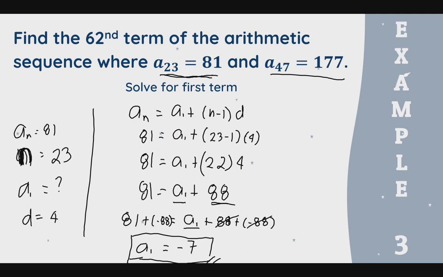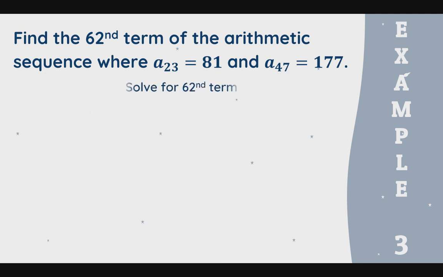Now that we have a sub 1, which is negative 7, and common difference, which is 4, let us find the 62nd term, or a sub 62. So this will be our a sub n, and of course our n is 62.